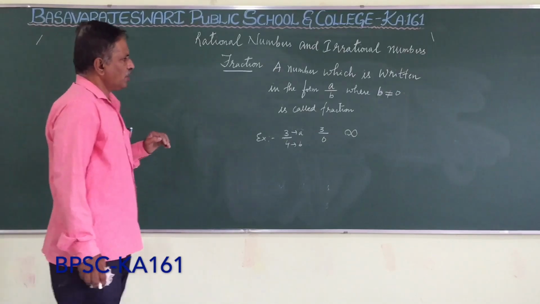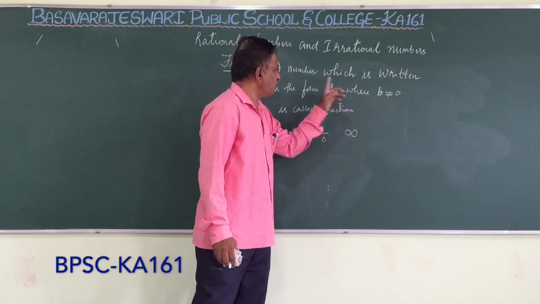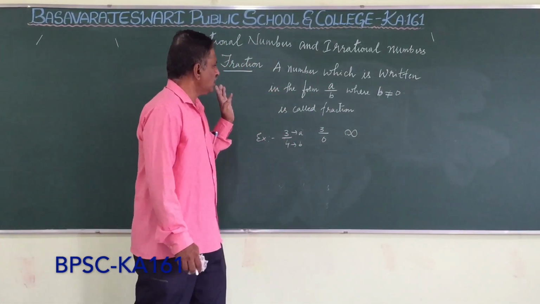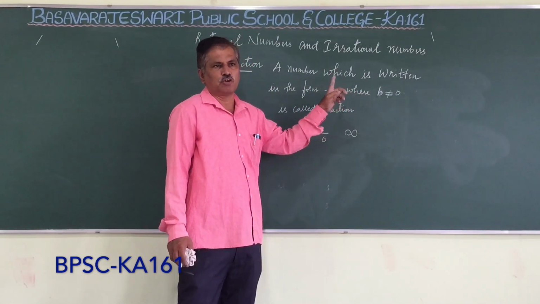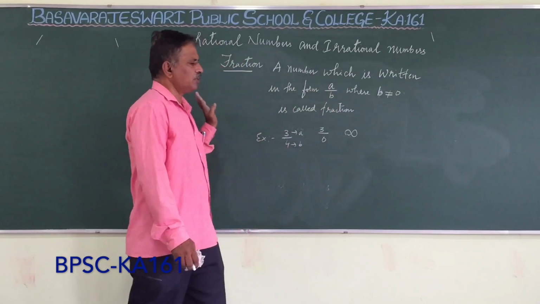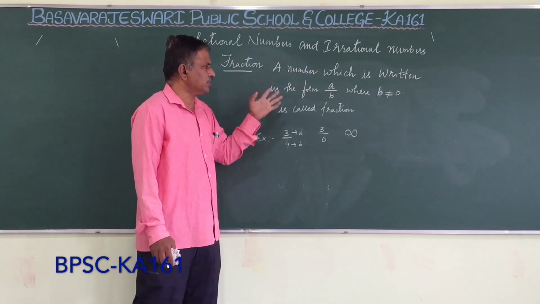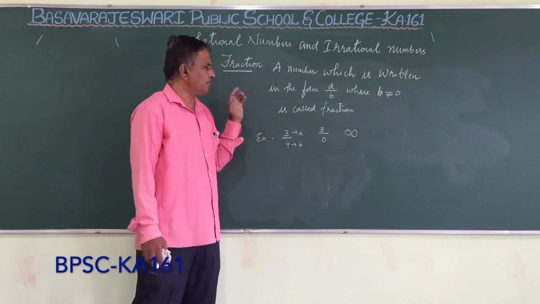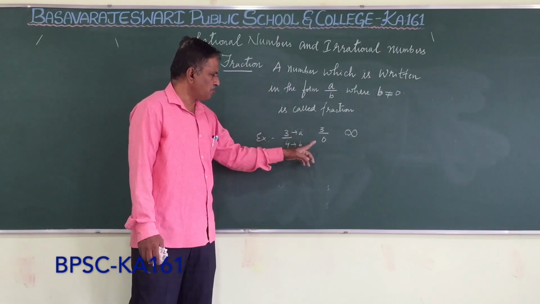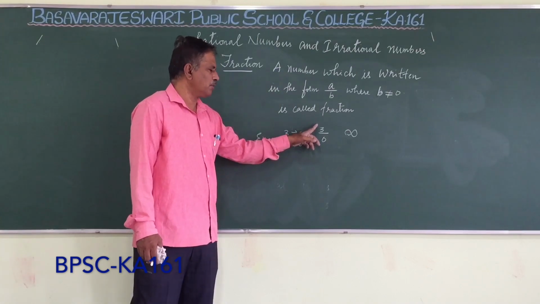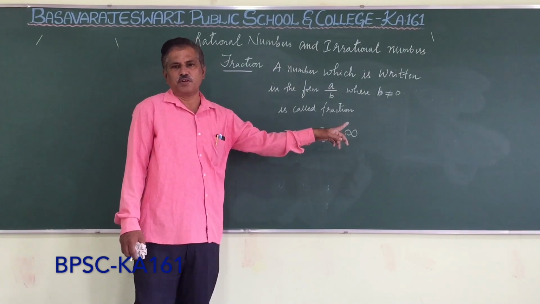So you should clearly mention, whenever you tell the definition of a fraction, you write in the form of A by B, and you have to mention that B is not equal to 0. Then only the definition will be complete. If you just write the form A by B, then the definition is wrong. Suppose B is equal to 0, then any number divided by 0 will become infinity.